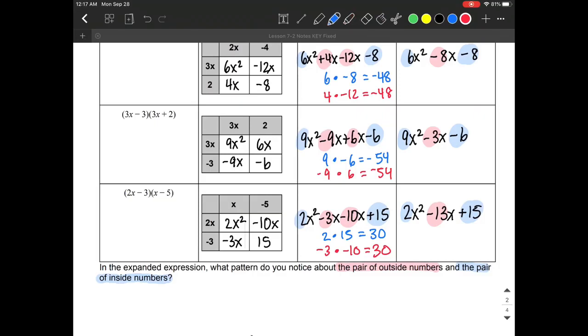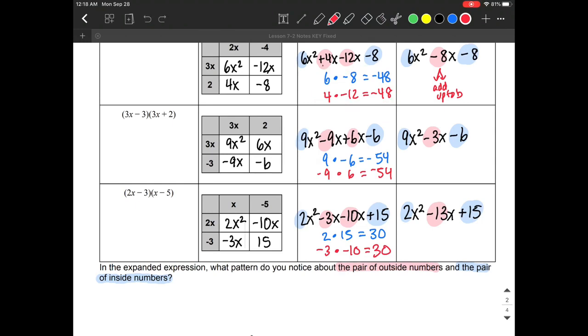Here, the b is the same. I'm still looking for two numbers that add up to that middle term b. And then I know that the outside numbers are going to be what I need those two numbers to multiply to.